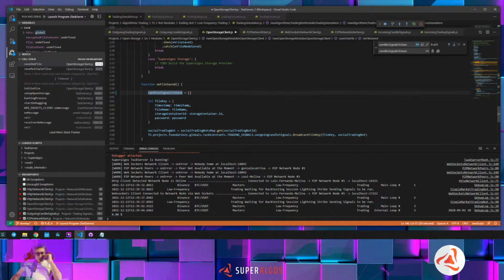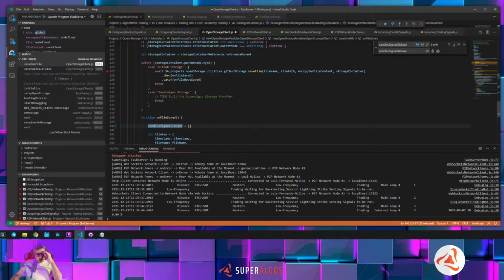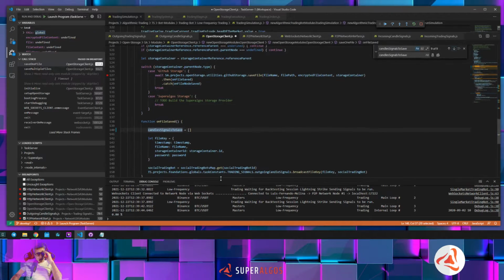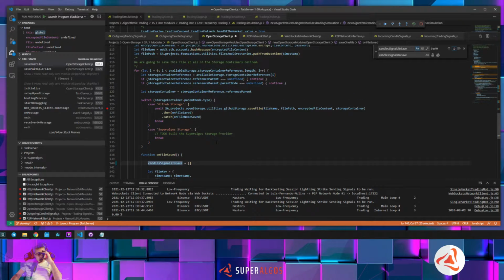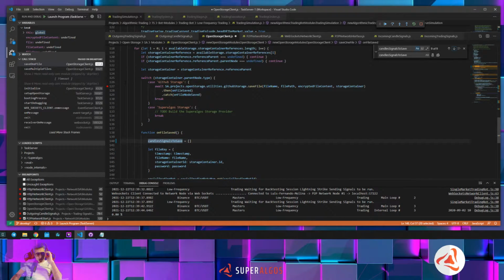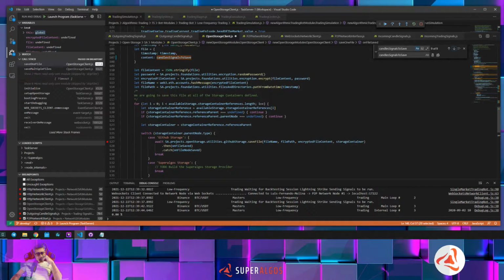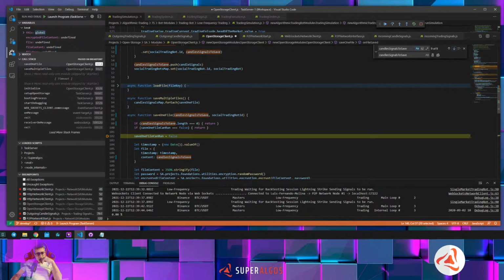Well, supposedly I'm resetting the array candles to save so they don't accumulate more. But there are several problems here. One is that while I'm saving, more stuff could get accumulated in here.